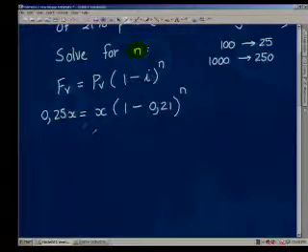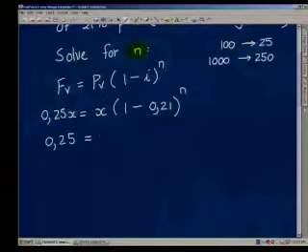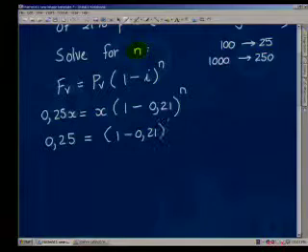So we're going to divide through by this x from the right-hand side. Do you agree that the x's would cancel, and on this side we would get 0.25 is equal to (1 minus 0.21) to the n? Is that okay? Yes. Okay.